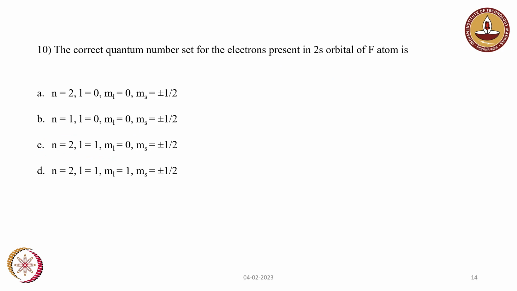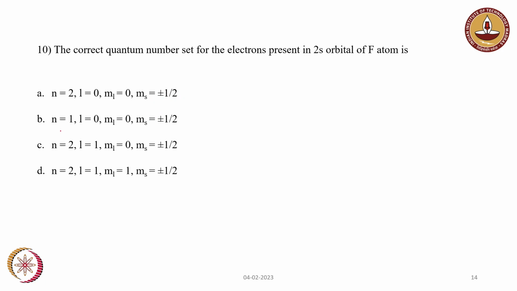And the next question is: the correct quantum number set for the electrons present in the 2s orbital of F atom is. And options are given as n equal to 2, L equal to 0, ML equal to 0, MS is plus or minus half.